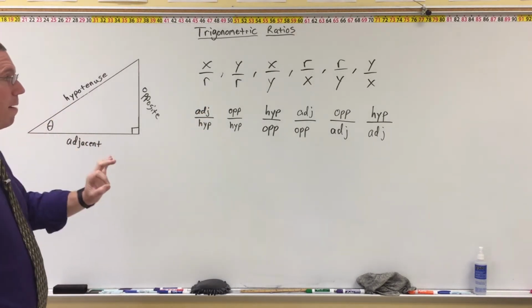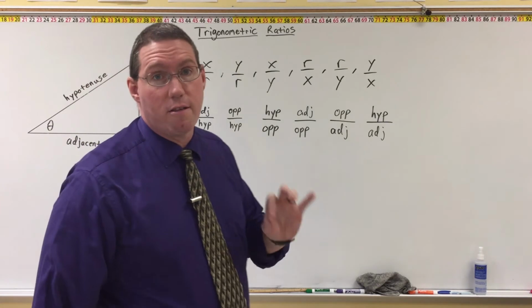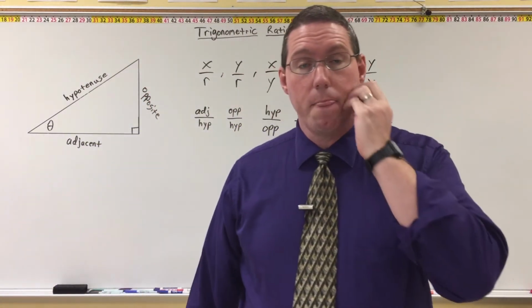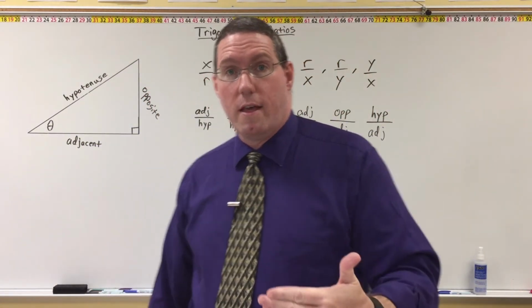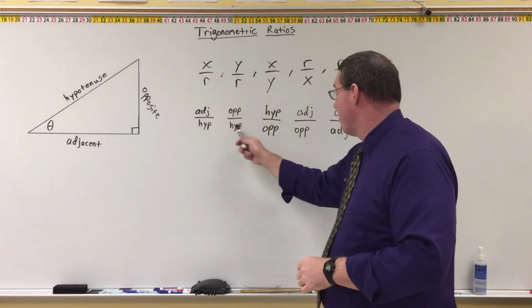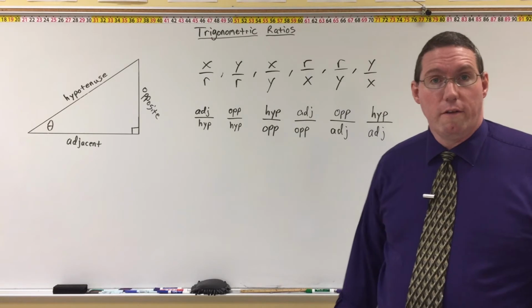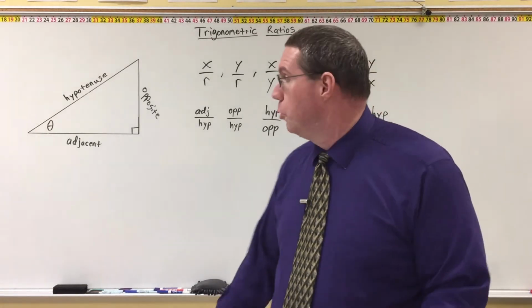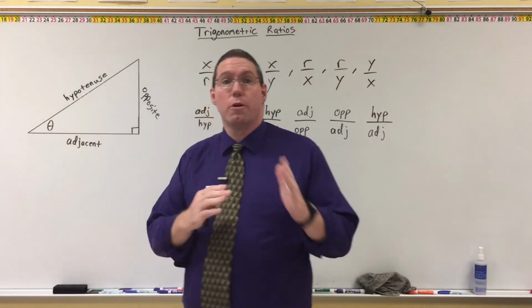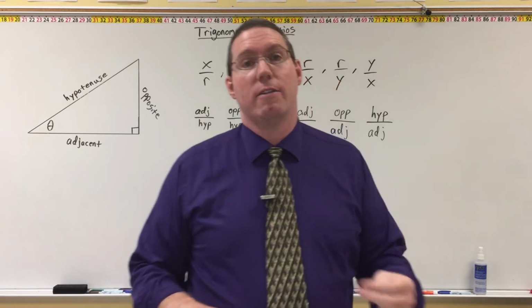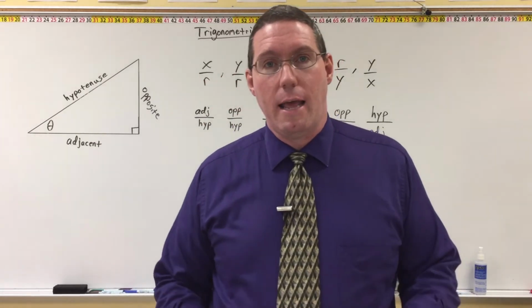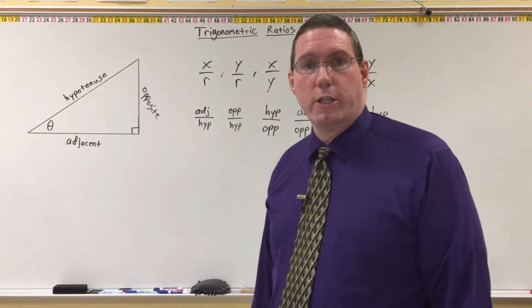That's 6 separate ratios, 6 separate fractions, okay? And what they did was take these 6 different possible fractions and name all of them relative to angle theta. In just a minute, I'm going to show you the official names for all 6 of these ratios.